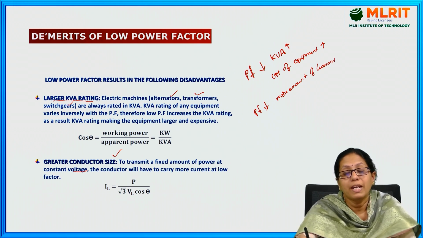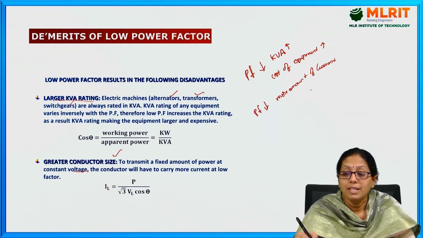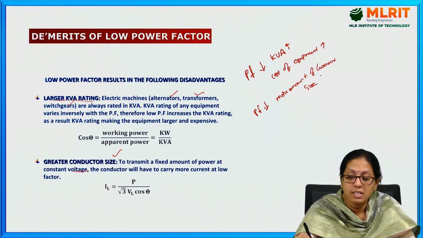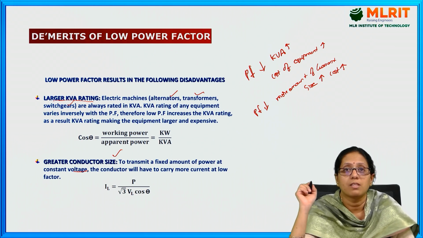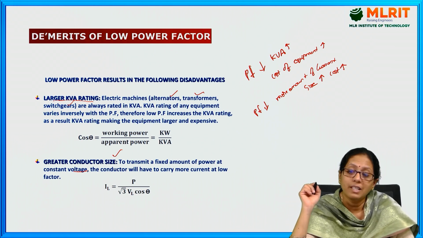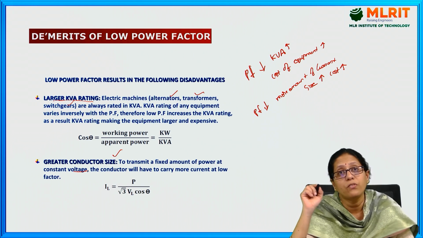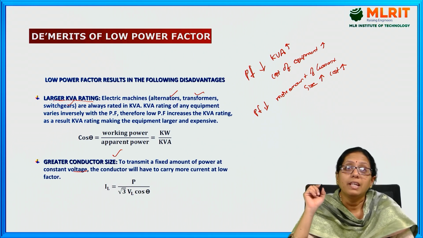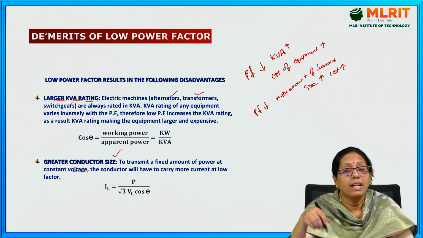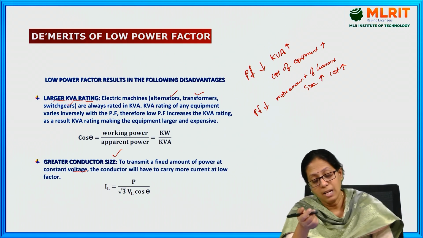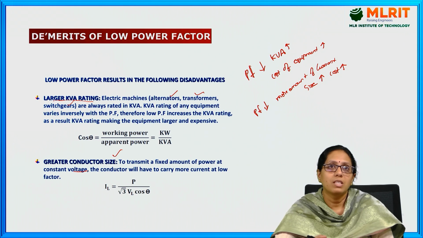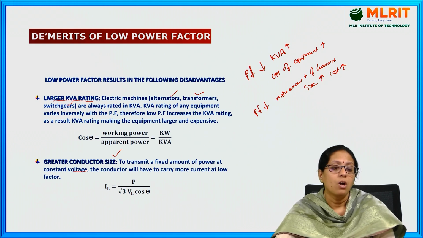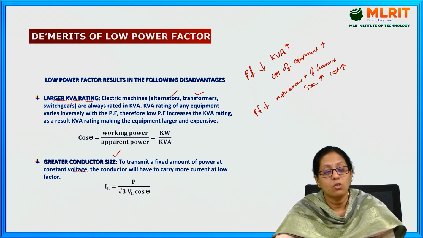In order to carry more current, the size of the conductors increases. As the size of the conductors increases, the cost of the conductors also increases. So this will increase the size as well as the cost of the conductor. It will increase the kVA rating of the equipment, and it will ultimately increase the cost of the equipment also. So these are the two different demerits of lower power factor.